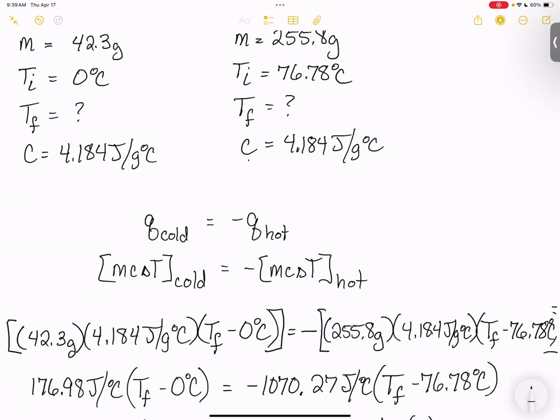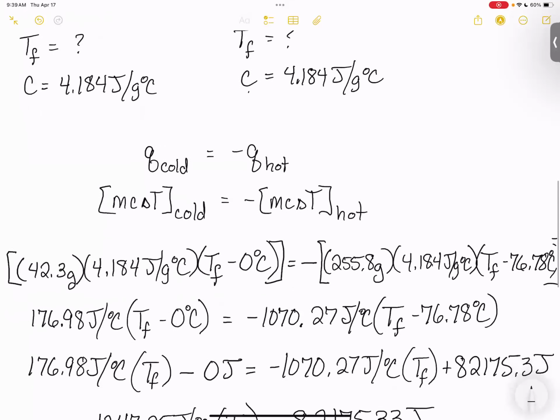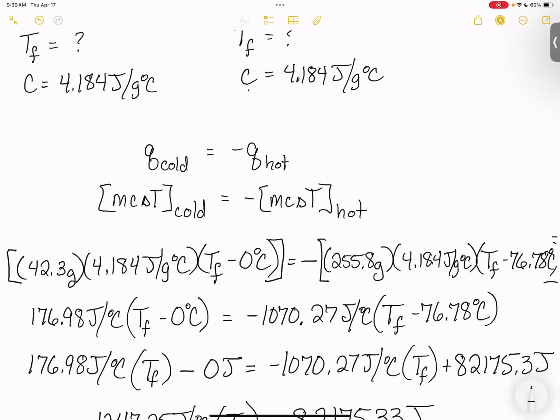I then plugged in what Q meant, which is MCΔT, into the equation. And then I plugged in the data into MCΔT. And don't forget, delta always means final minus initial. So that's why it was T final minus T initial.